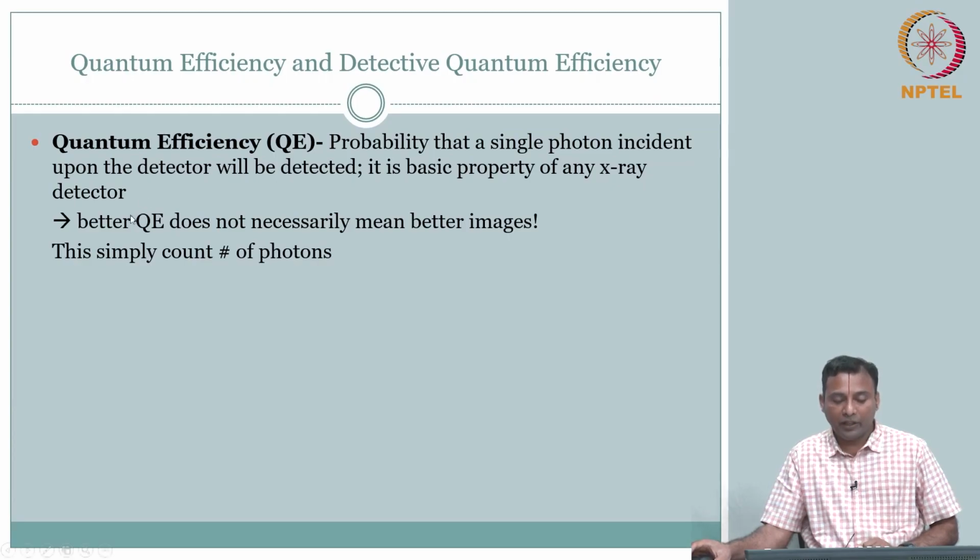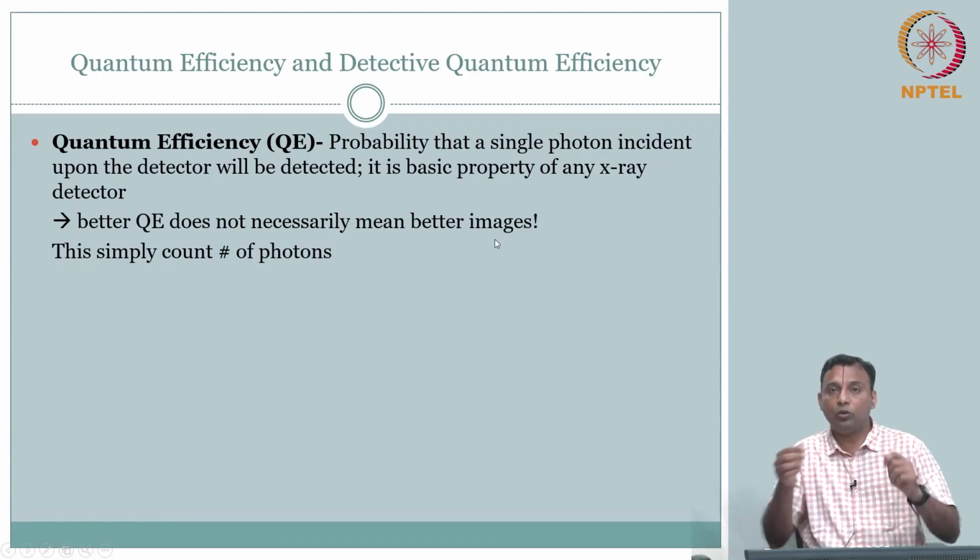Better QE does not necessarily mean better images. What we want is the quality of the images to be good. Quantum efficiency is just the probability of this interaction, but it does not necessarily translate to better images.